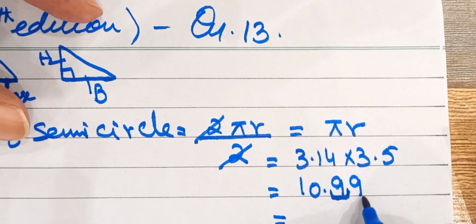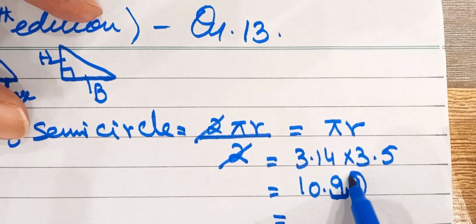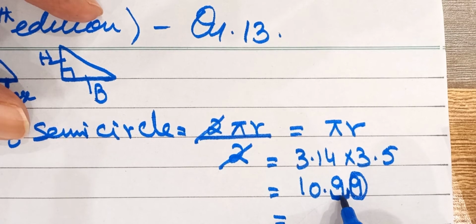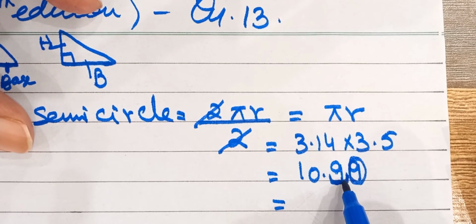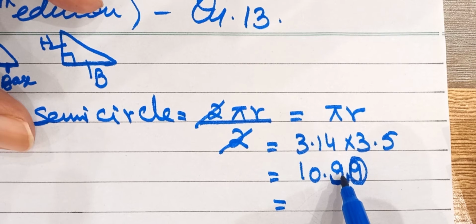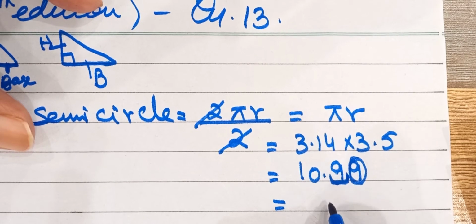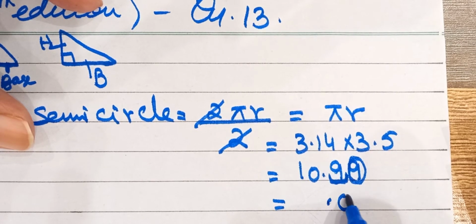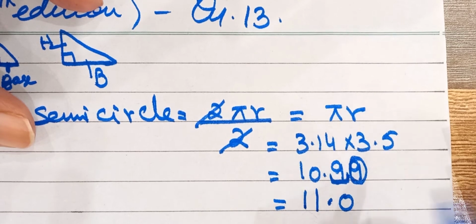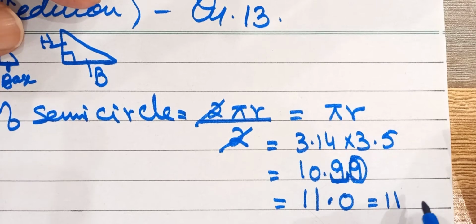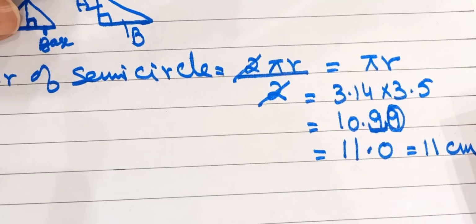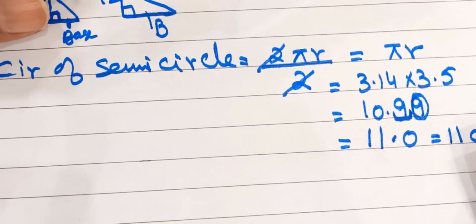As it is greater than 5, 1 would be added to this 9. When I add 1 to this 9, it becomes 10, so I write 0 here and 1 is added here, so it becomes 11. So 11 is the circumference of this semicircle.